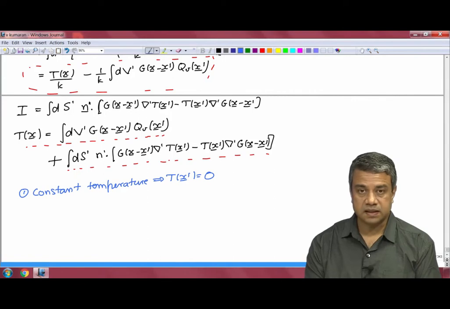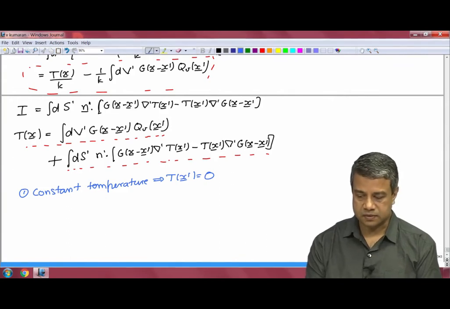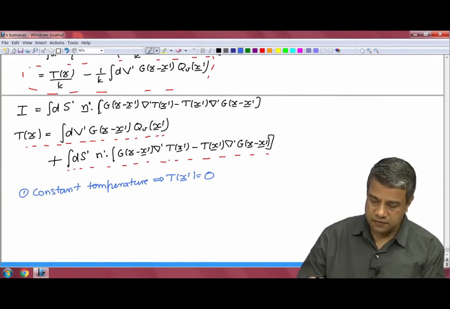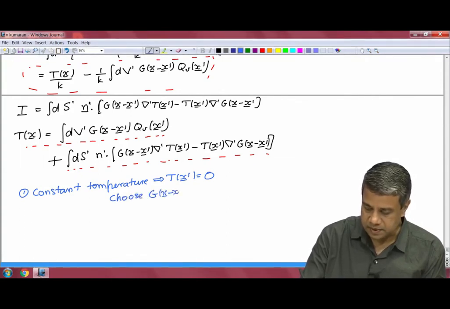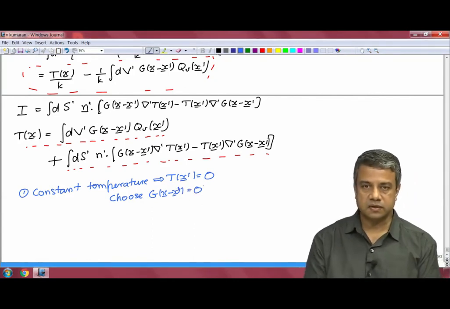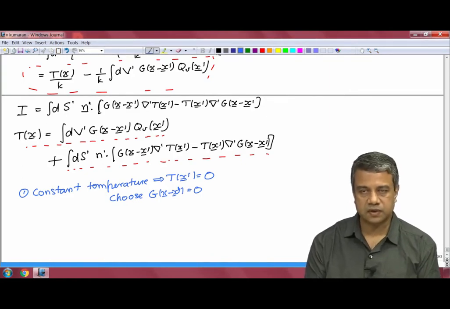So, you can see that within the surface integral, the second term is identically equal to 0. And therefore, you can choose g of x minus x prime is equal to 0.